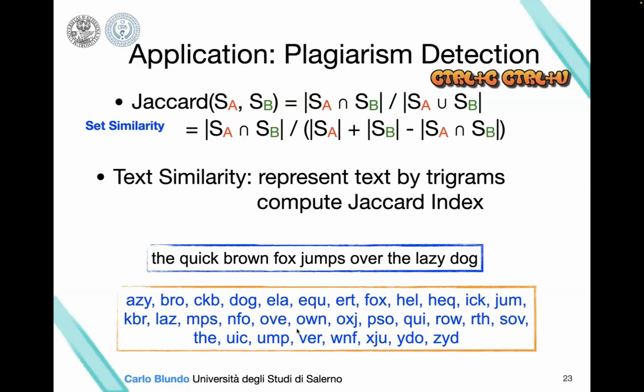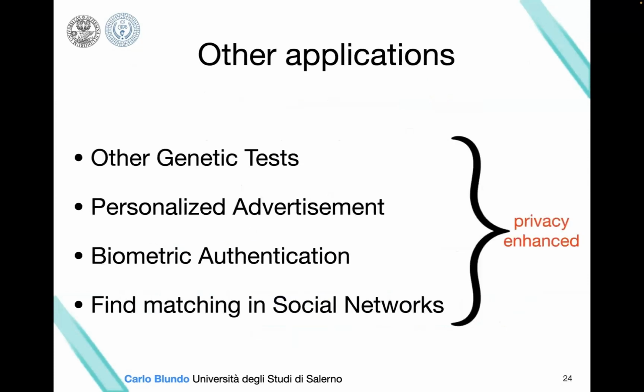We computed the set representing this sentence in blue. So once I have the encoding of the text, I can compute the Jaccard similarity using the private set intersection protocol as a sub-protocol. So we can do plagiarism detection using a private set intersection protocol, without exchanging the text I want to check.